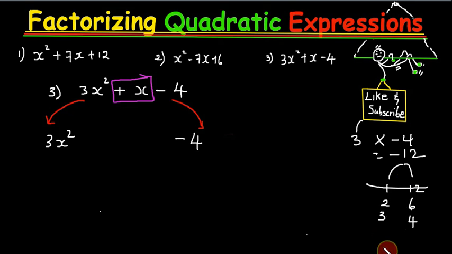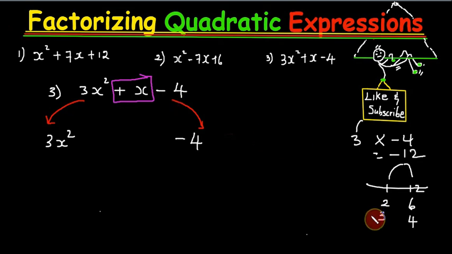I must get a negative 12. If this 4 is a negative and this is a positive, I will get negative 12, but 3 minus 4 will result in minus 1. So we cannot have a negative 4.